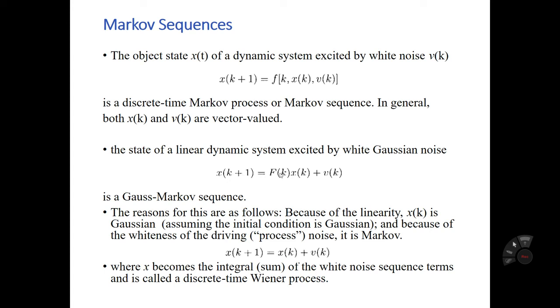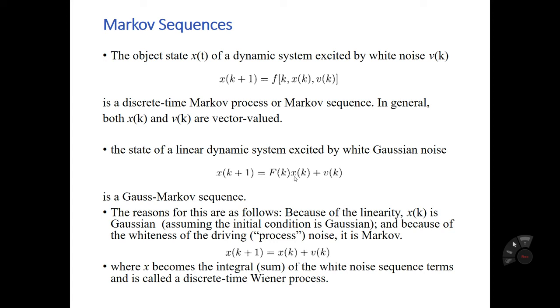So you can say this F of k is a constant velocity model. In a constant velocity model, we multiply the object state with the time, so velocity multiplied by time gives the distance, which is added to the position to give the next position.